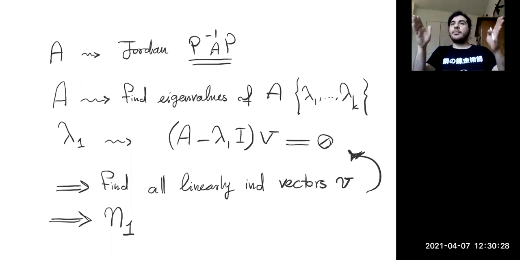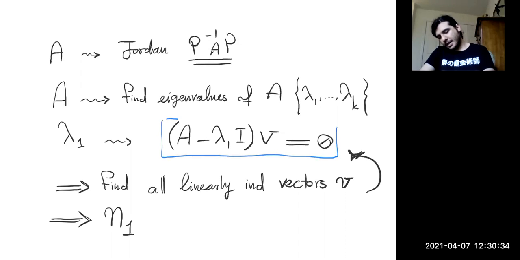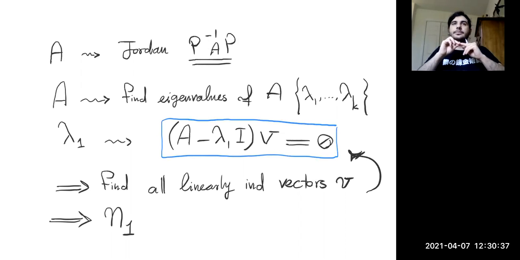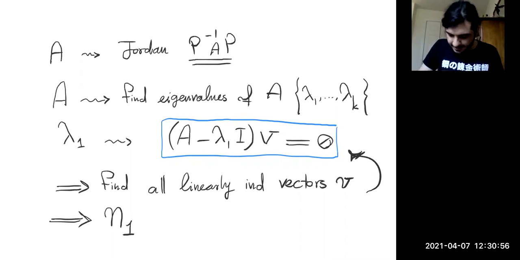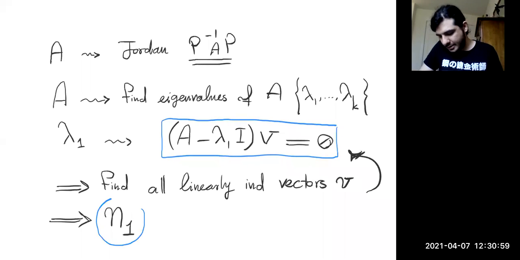This is the number of linearly independent vectors V which satisfy this equation. N1. Okay. Now, the point is that to this number, we can assign some multiplicity to this eigenvalue. What do I mean by that? So any eigenvalue has two kinds of multiplicity. So let's keep this N1 here.